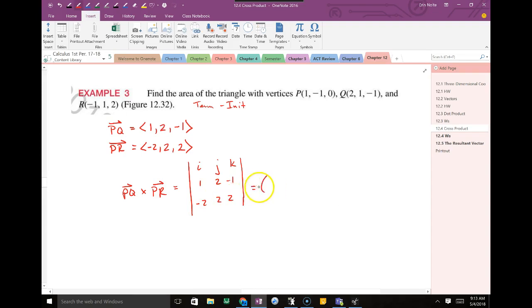So we have our I. I don't know why I like to put the I first, but I guess it should go last. Okay, what 2 numbers am I going to multiply first? 2 times 2 minus 2 times negative 1, plus 2. Then minus J. That makes 6.